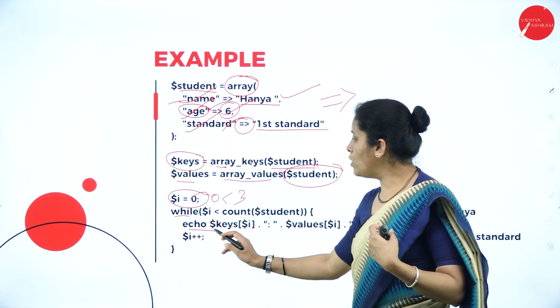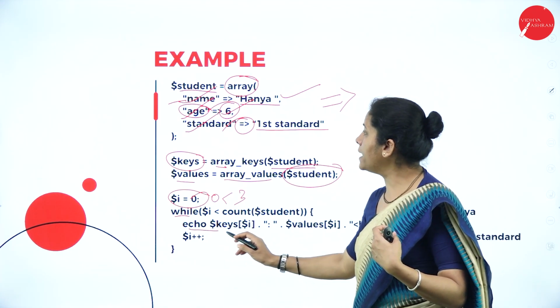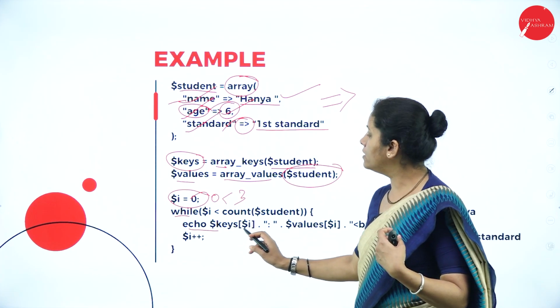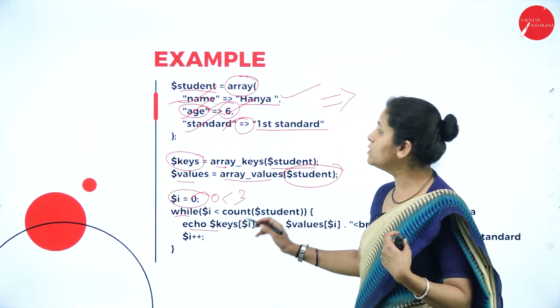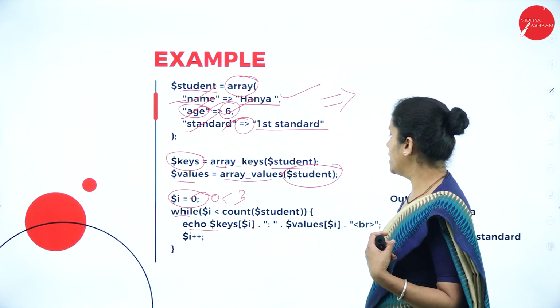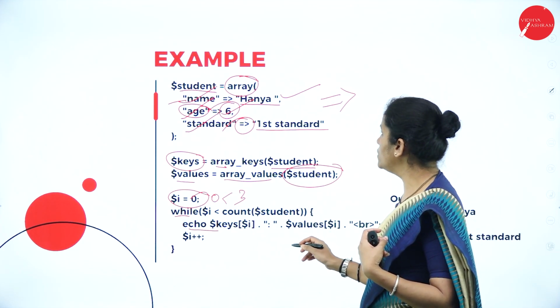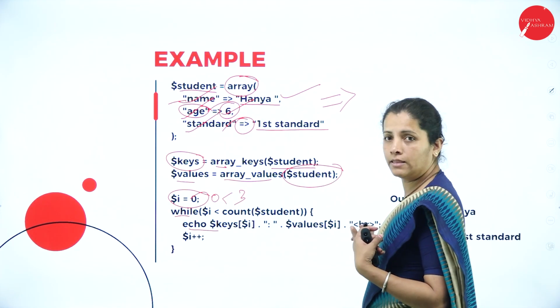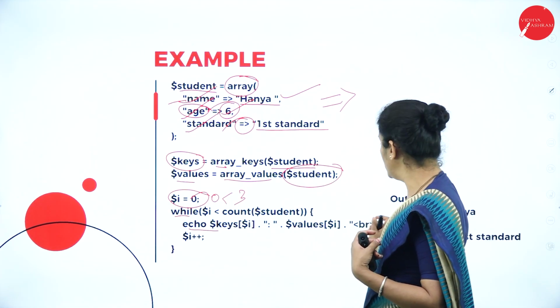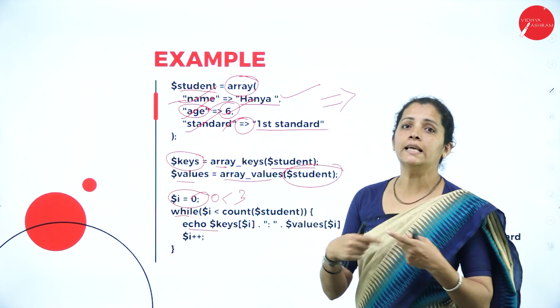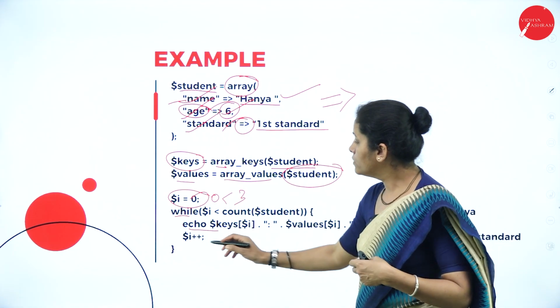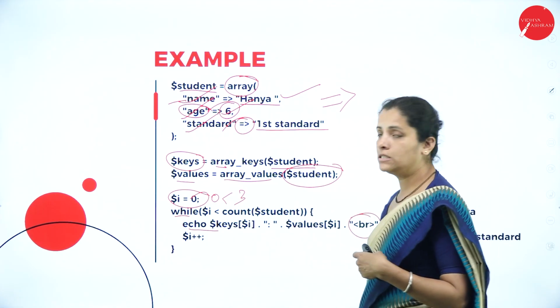Echo, I want to get the output. What is my key of 0? In the 0th position, what do I have? Name. Then a colon, and I want to display the value. What is the value? Hanya. Next, I want to print the output on the next line, so I'll use the br tag.